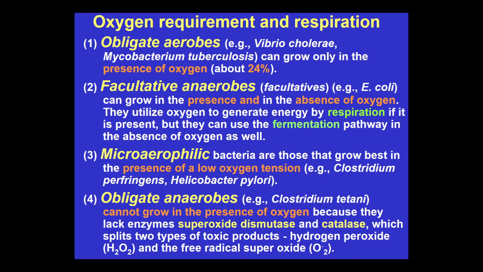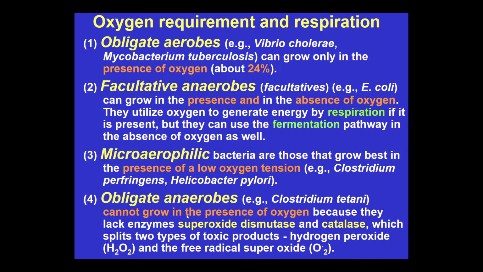Those four groups are obligate aerobic bacteria, which live only in the presence of oxygen because they use oxygen as the ultimate acceptor of the electrons.